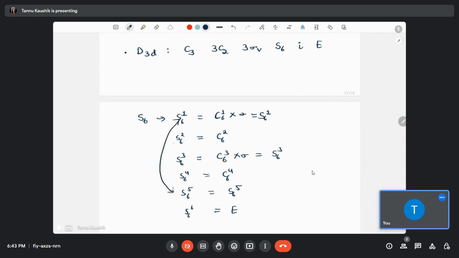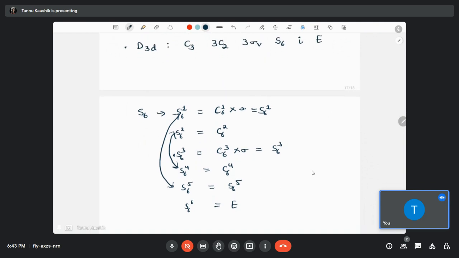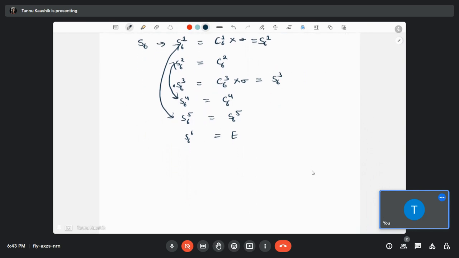So these two will be in the same class. These two will be in the same class, and this will make one class. Okay. So from here we are getting three different classes from S6.